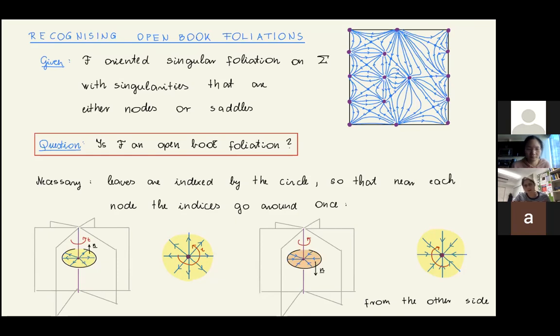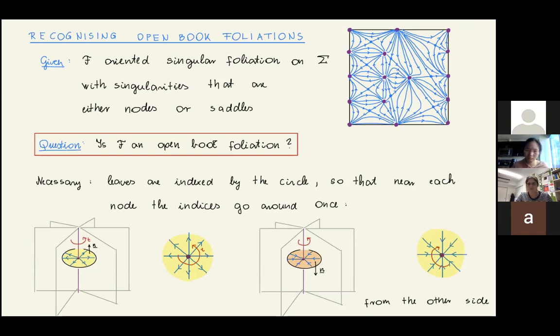And we know already one condition, which says that the minimum you need to have is that you can index the leaves in a way so that whenever you go around one node, which is a source, then you're going exactly once counterclockwise. And when you're going around a sink, then you're going exactly once clockwise. Okay, so that's your goal.